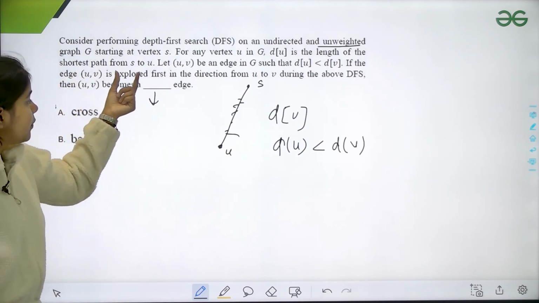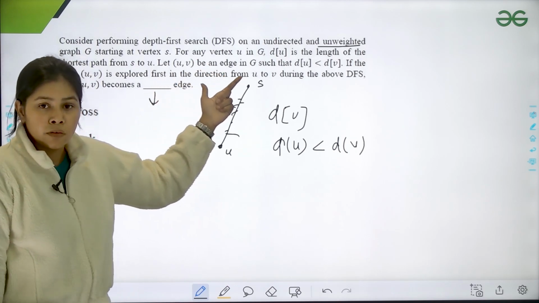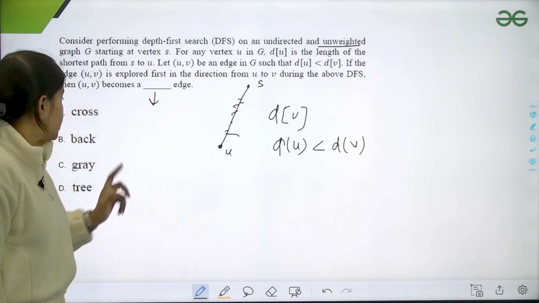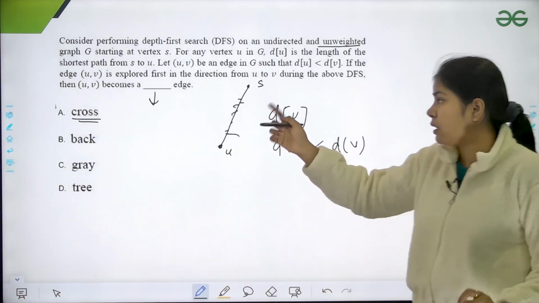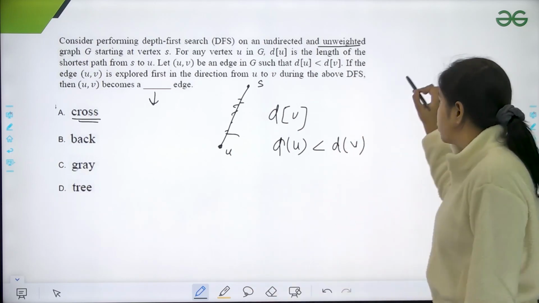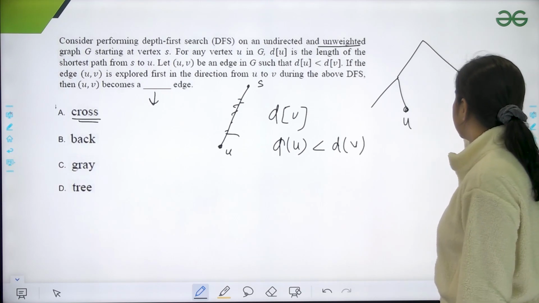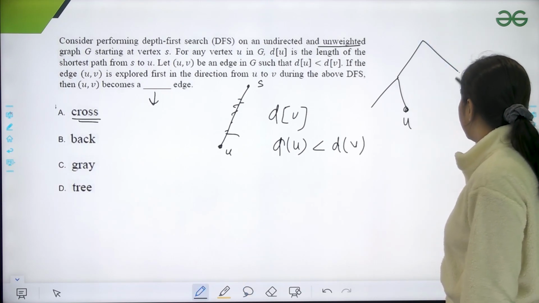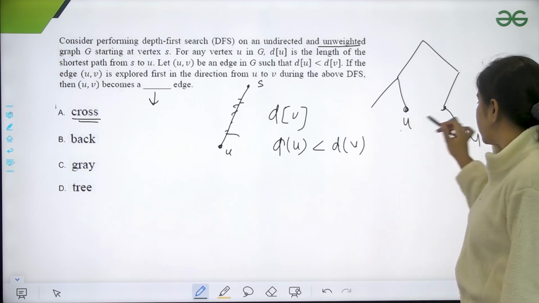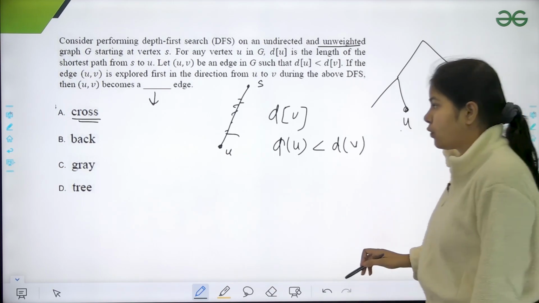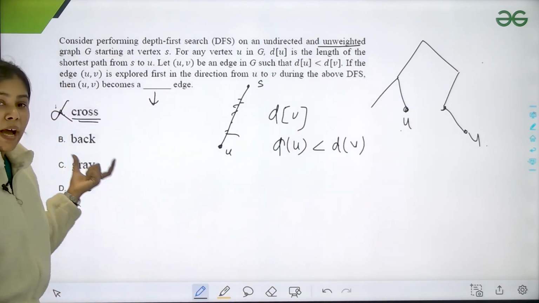If the edge U comma V is explored first in the direction from U to V, then we can explore this edge from U to V. But what is a cross edge? A cross edge is one where neither U is an ancestor of V, nor V an ancestor of U. So if we have a graph where this is U and later this is V, then neither is an ancestor of the other, and that is a cross edge. So that is not true, right? And what is a back edge?